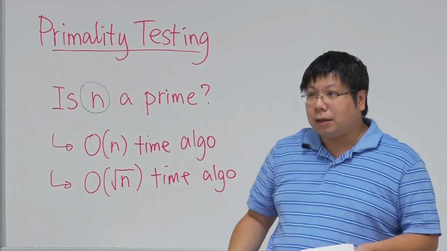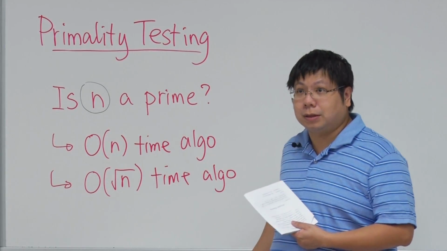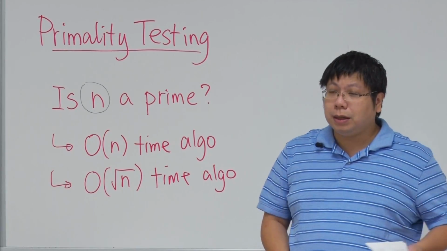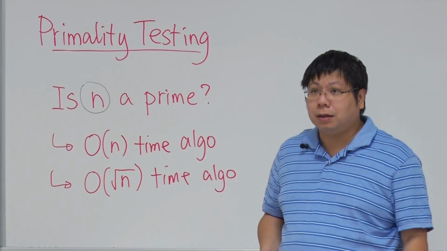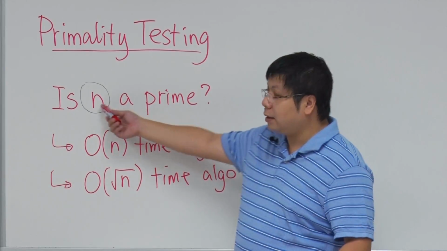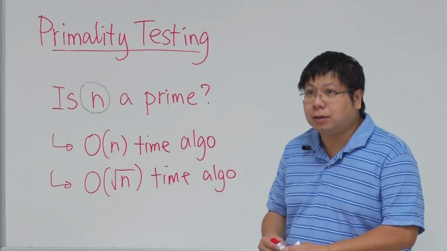But to describe n, how many bits do we use? Do we need n bits to describe a number n? No, we don't. In an efficient encoding of n, we just need log n bits to describe n.